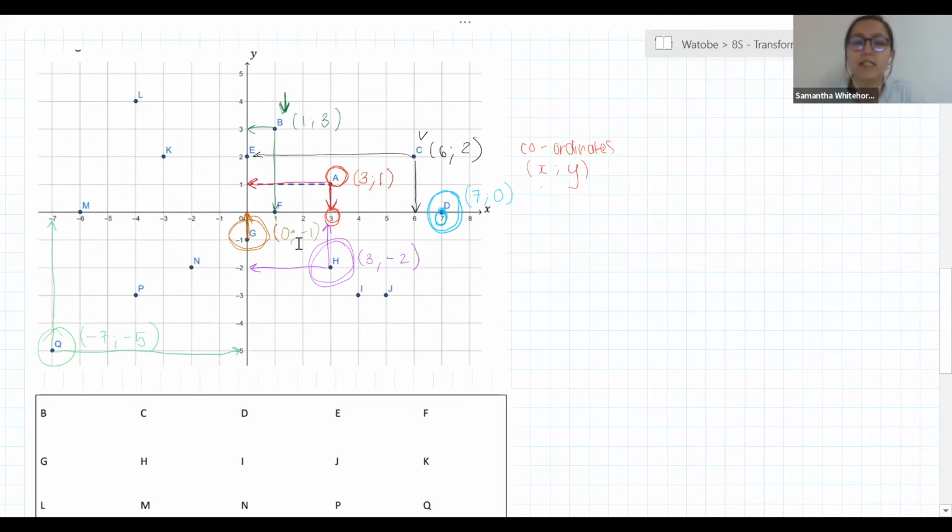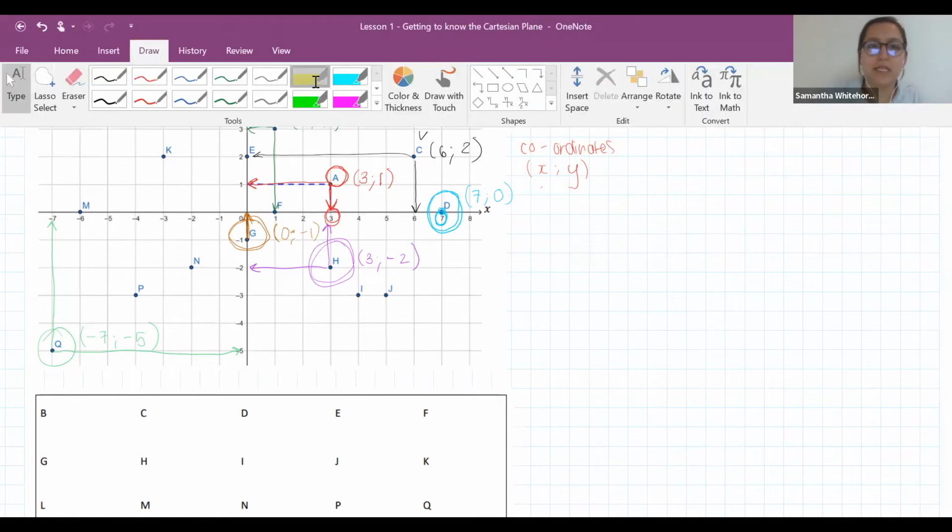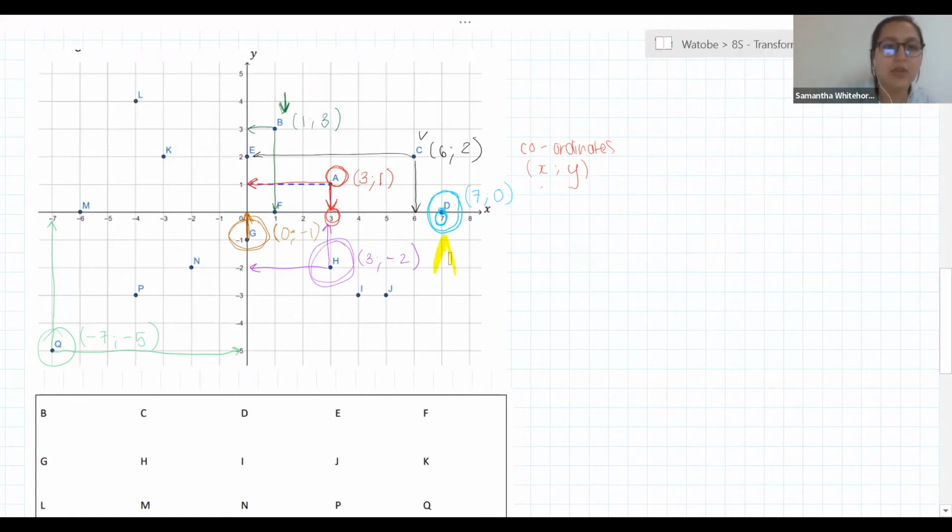Now this is a similar sort of situation to what we had for coordinate D. So if we look at D and if we look at G, D was on the x-axis. And so we decided that it hadn't moved up or down. It had stayed at the 0 point for Y. So that is why my Y coordinate was 0.